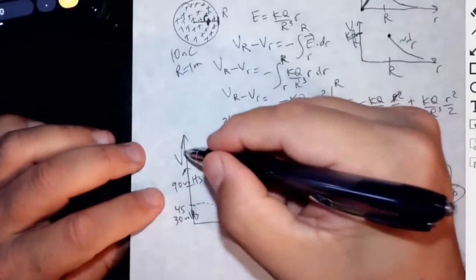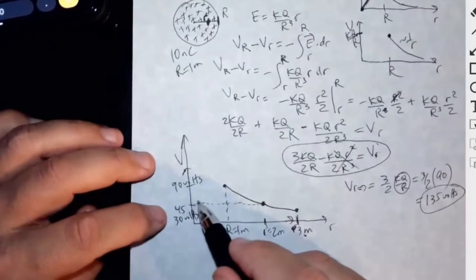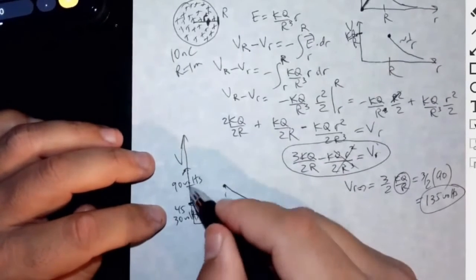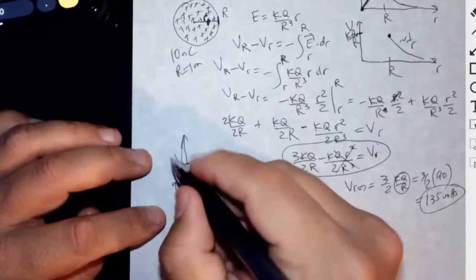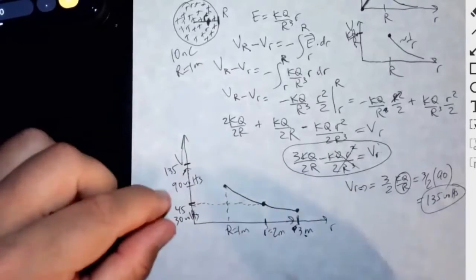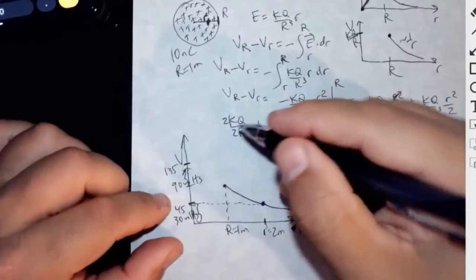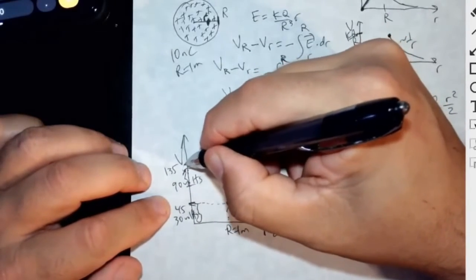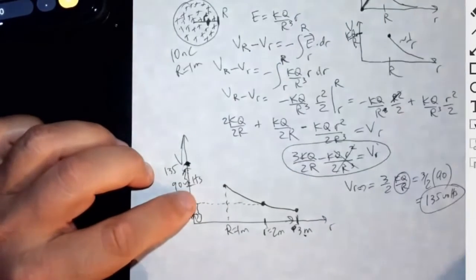So if this is 45, add this to that, so graphically it looks like here, 135. So I'm adding kind of this piece on top of that piece. So it looks like this. 1.5 times the voltage at the surface.